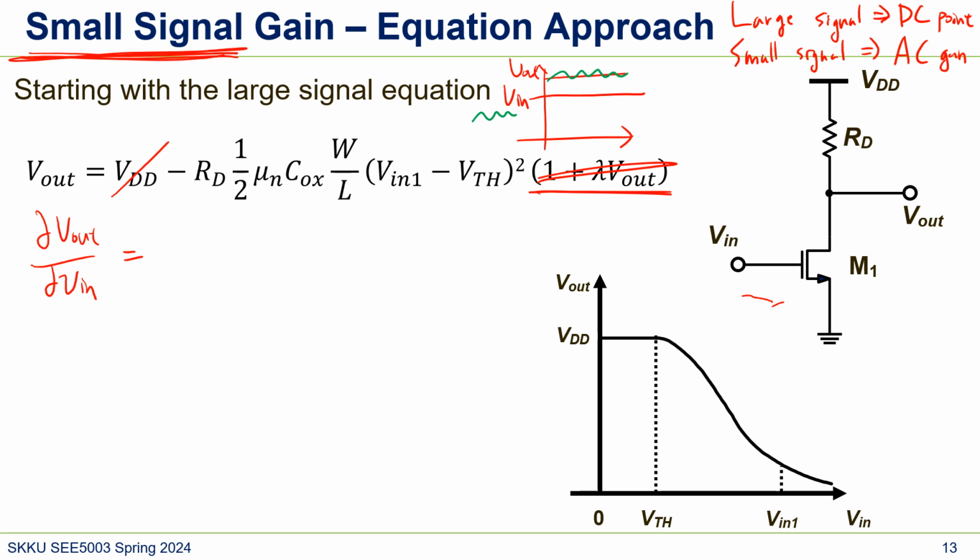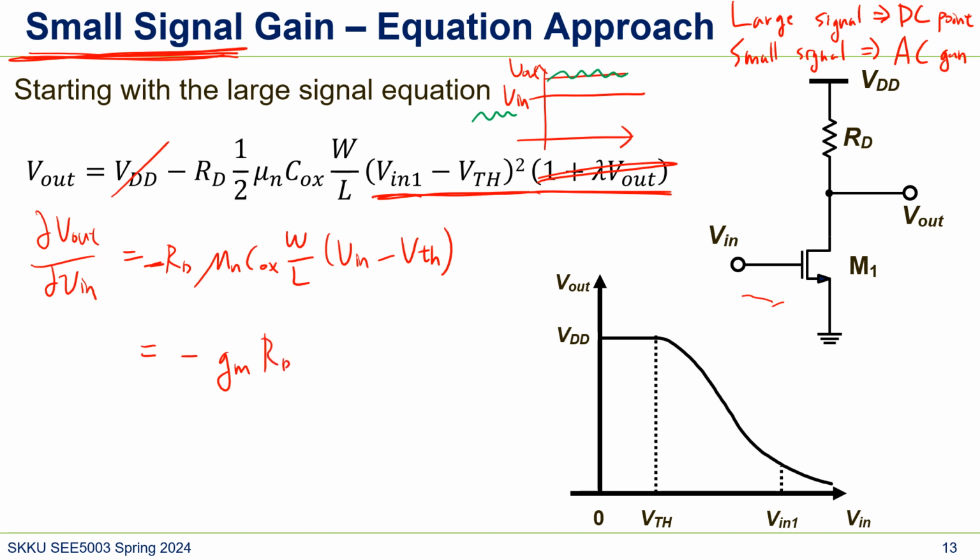And then if you do this, it will be RD times, oh, so there's V in, right? It will be just mu n COX W over L times (V in minus VTH). You see that this is gm RD, because this is gm, right? This is gm. This is a very, very basic equation. You're going to use it all the time.